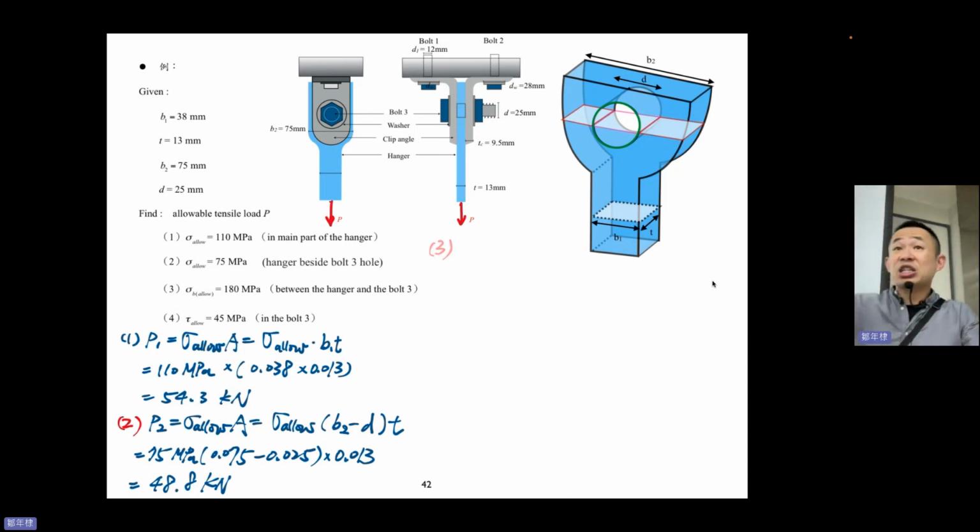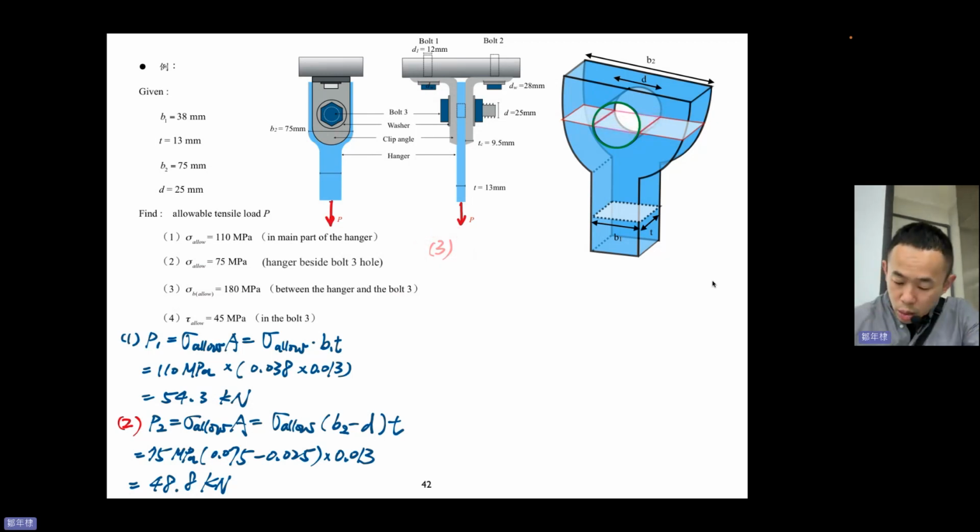The bolt is the darker blue, penetrating this hole, and this blue part will go down. So the bolt 3 bears that force. The force going down will be projected and borne by this pink area.